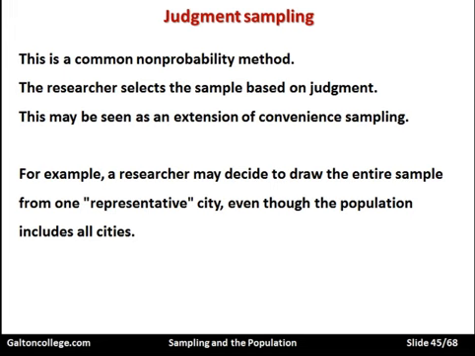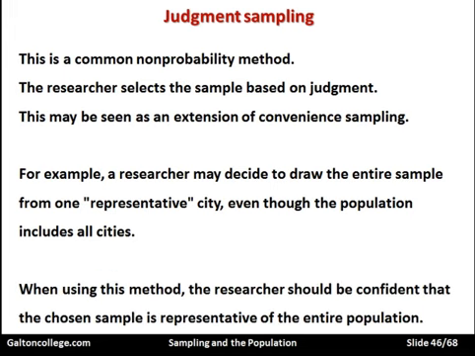Experiences of people in other cities might be different. When using this method, the researcher should be confident that the chosen sample is representative of the entire population. And it's difficult to have that confidence. It's normally just based on judgment. It's what the researcher thinks is fair and reasonable. And in that sense, it is biased.